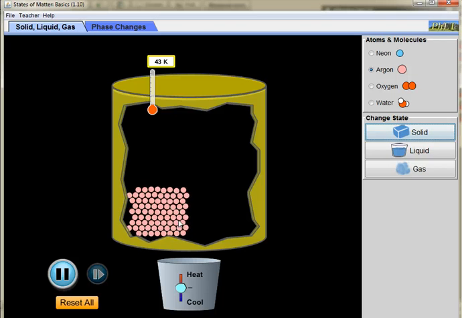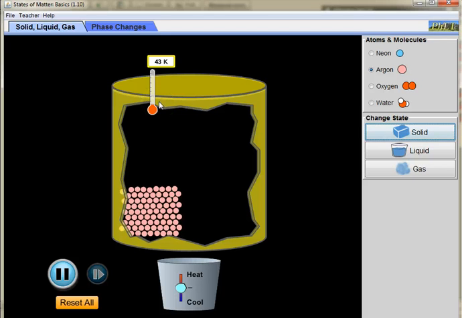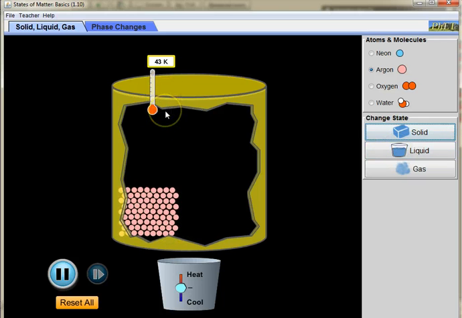Third is what happens to the vibration or motion of the particles. Clearly in this particular state you can see that they are vibrating, but if I change it to liquid, see what happens to the vibration. And finally, the most important thing is to notice what happens to the temperature. What do you think is going to happen if I change from solid to liquid state? What do you think will happen to the temperature? Will it remain the same, increase or decrease?